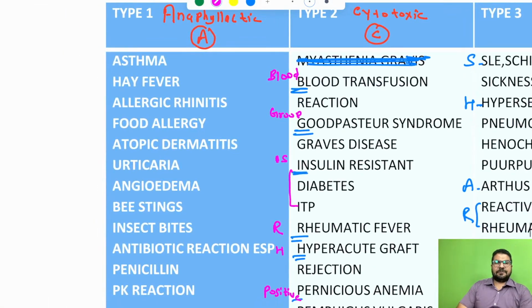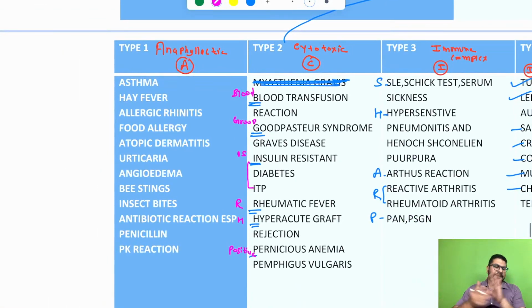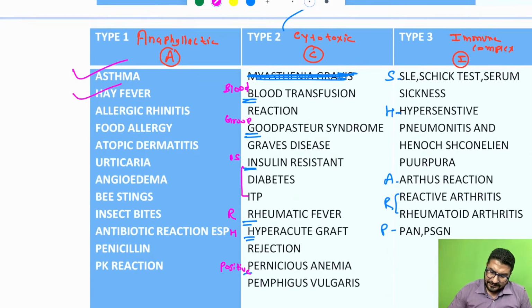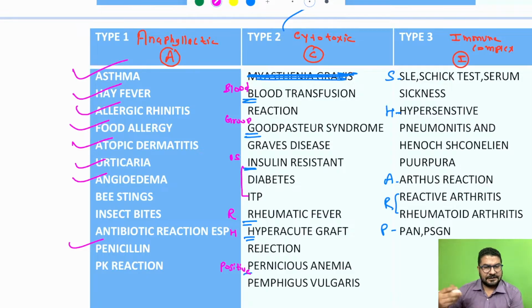अब इसको देखो, जितने भी एलर्जी हैं, ऑल एलर्जीज आर टाइप 1। ऑल एलर्जी मीन्स अस्थमा एलर्जी, हे फीवर एलर्जी, एलर्जिक राइनाइटिस, एलर्जिक डर्मेटाइटिस, फूड एलर्जी, एटोपिक डर्मेटाइटिस, अर्टिकेरियाज एलर्जी, एंजियोडेमा सीवियर फॉर्म ऑफ एलर्जी। सो ऑल एलर्जी, ड्रग एलर्जी, फूड एलर्जी, पोलन एलर्जी, डस्ट एलर्जी आर टाइप 1। एंटीबायोटिक रिएक्शन especially penicillin type 1.